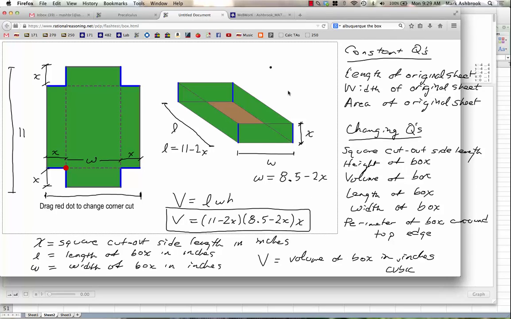So let's just quickly talk about x. The question is, does any x value work in this situation? Can we just pick any real number x? So let's determine which ones are possible. What's the lowest possible value of x that you could have? So does it make sense to have x equals 0?